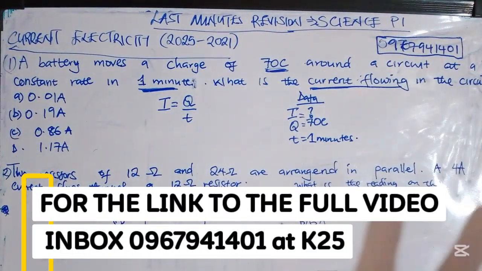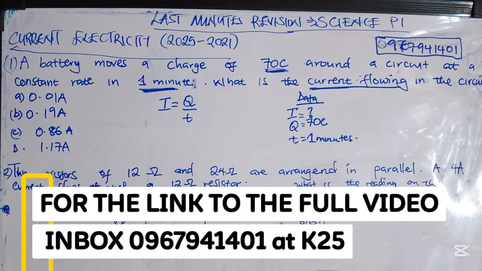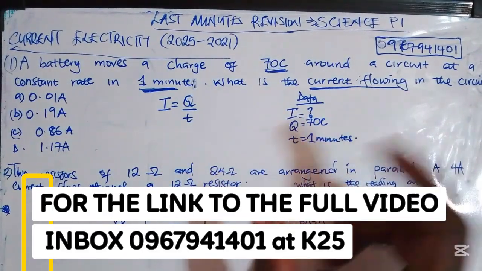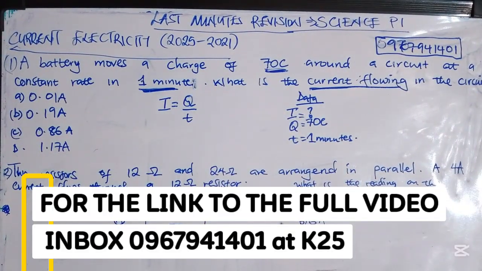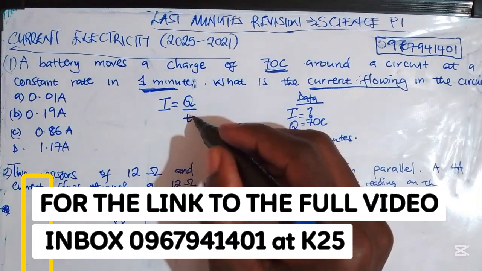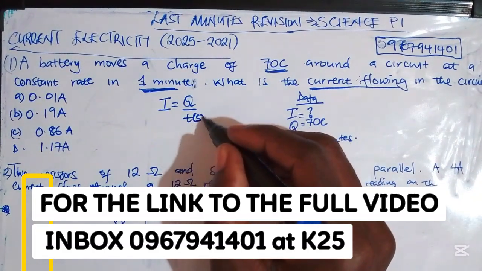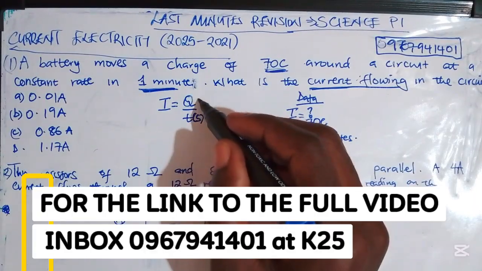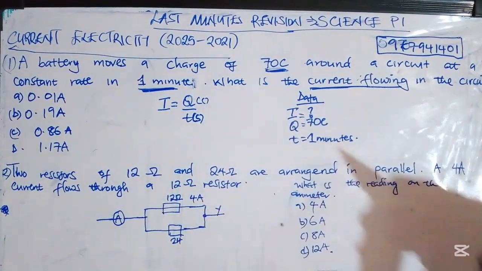The next step, which is the important step, is to check the units. This is one of the most important steps. What are the units for time? Remember, I told you time here should always be in seconds, and charge is in coulombs.